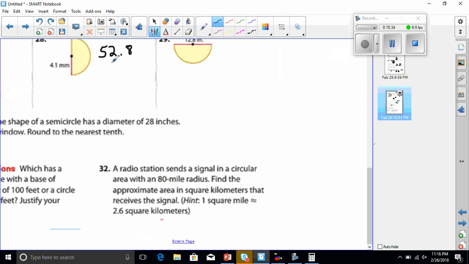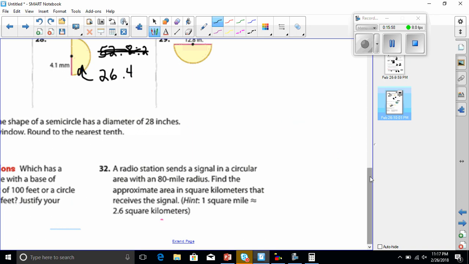Okay? We have to divide this number by 2 to get our answer. Half of 8 is 4, and half of 52 is 26. So our actual answer is 26.4, the area of half a circle.